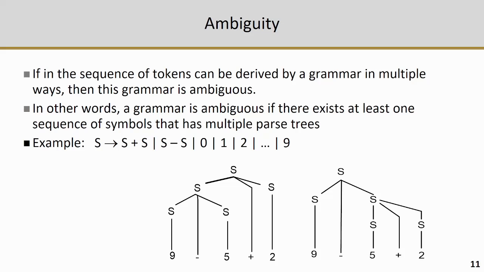If there is more than one parse tree from the same sequence of tokens, then we say that the grammar is ambiguous. So in this case, there are at least two different ways of constructing a parse tree, so at least two different ways of applying grammar rules and getting the same sequence of symbols.